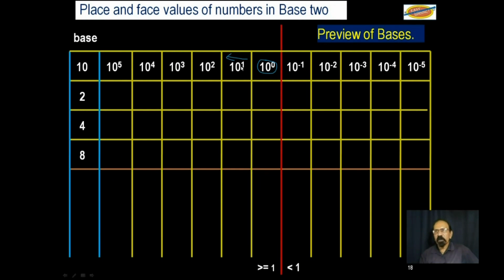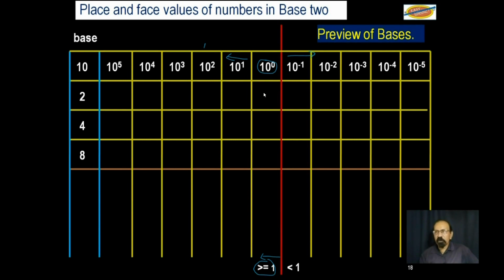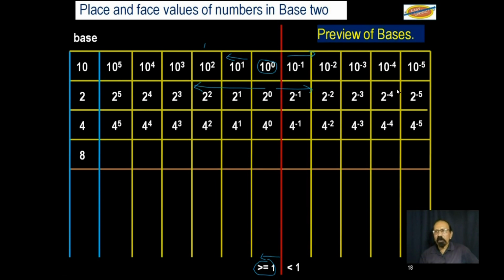We could go to the left. These are numbers bigger than 1, greater than 1, to the left that way. And then this way are fractions of 10. We do the same thing with base 2. You go this way: place values greater than 1, place values less than 1.